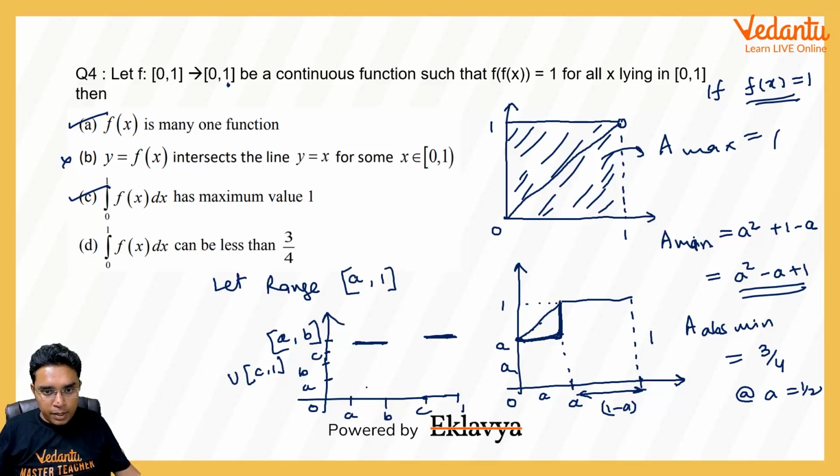So what will happen if we are going to have it like this, that for 0 to a, values will be from a to b somewhere like this, and then between b to c we are not having any value, so we have to make a jump from this point so that my values are from c to 1, and that seems not to be possible if this function is continuous. So this kind of thing is not possible.